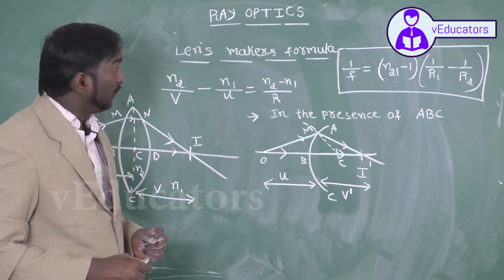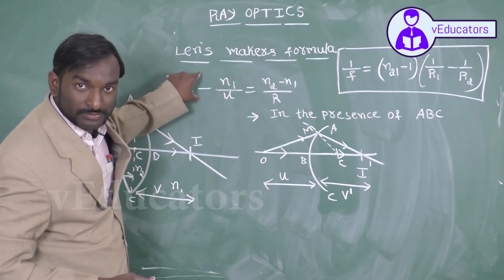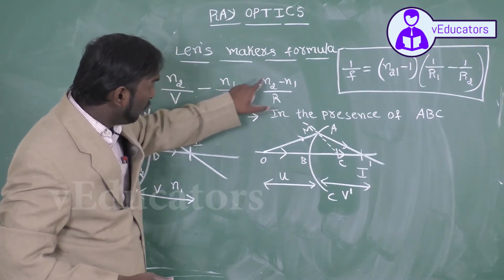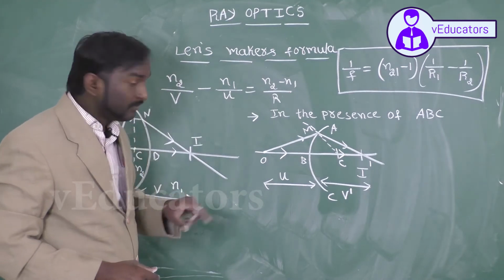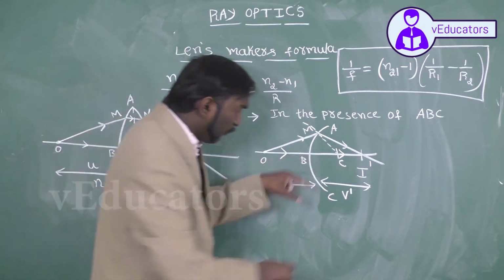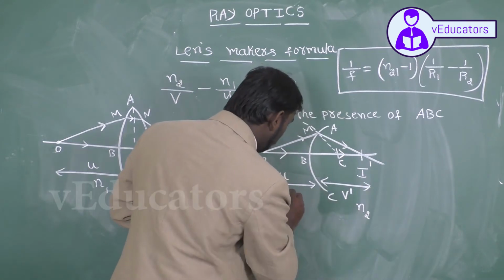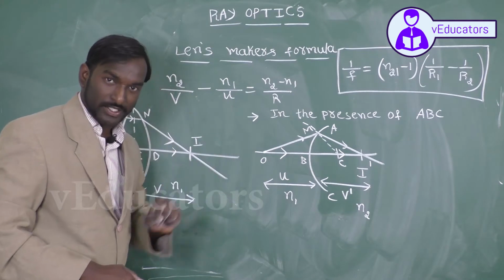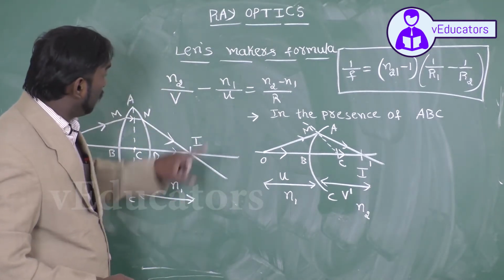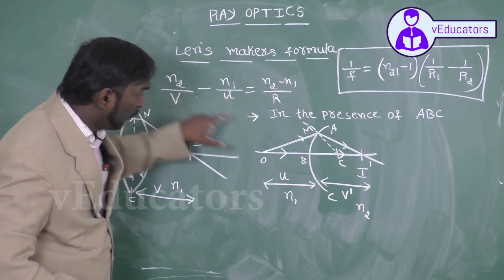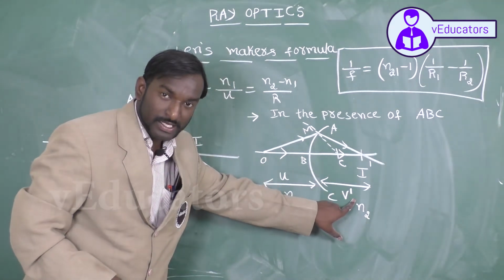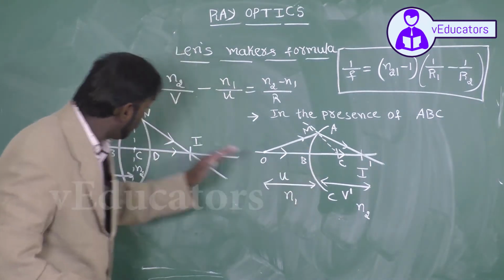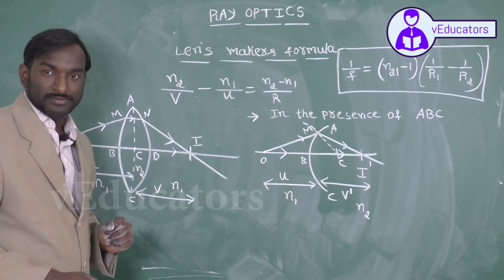Now you can apply this equation: n2 by v minus n1 by u is equal to n2 minus n1 by R. See here, n2 is the refractive index of the second medium, and n1 is the refractive index of the first medium. But here the only change is, instead of v we have v dash, and instead of R I can write R1, the radius of curvature of this first surface.